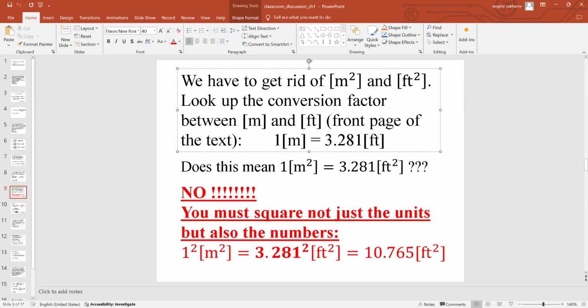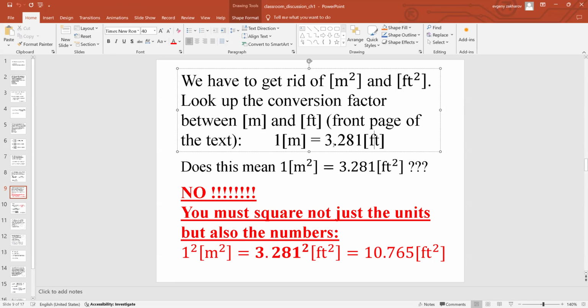Okay, what would happen if we want volumes? Well, let's say we want a volume and we want cubes. Then what? You cube the 1, and that's still 1. You cube the meter, you'll get the meters cubed. You have to cube the 3 and the change. And cubing that will give you 3 times 3 times 3. That is like 27.